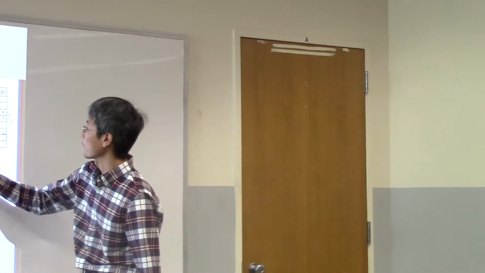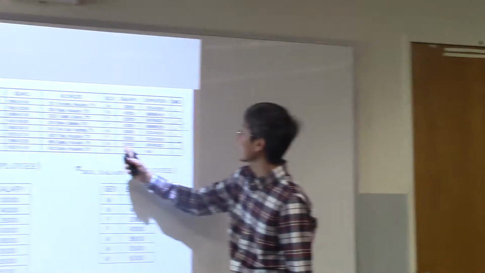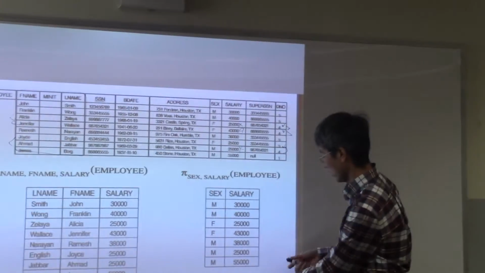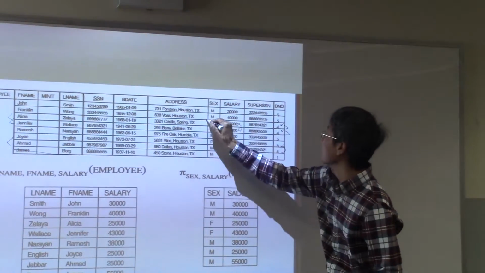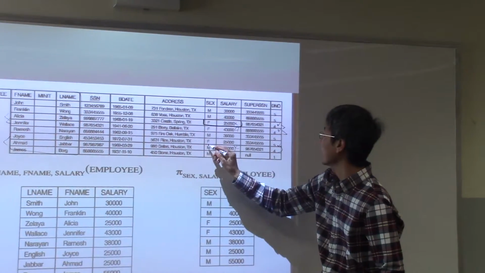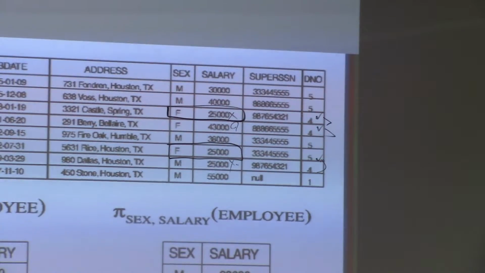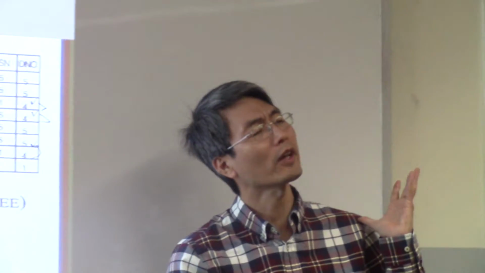Sir, the copy of the data is removed. Which one? For example, male 25, female, yes. And female 25. They are identical. It's duplicate data. What is the definition of a relation?